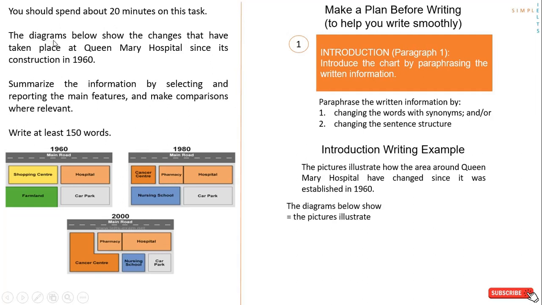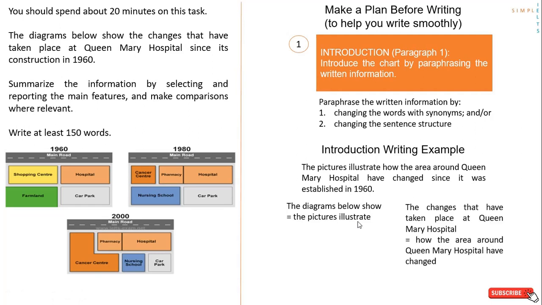So in the question statement, it says the diagrams below show, and then we write the pictures illustrate. They have the same meaning. Diagrams have the same meaning as pictures, and show has the same meaning as illustrate, or we can also say demonstrate or explain.